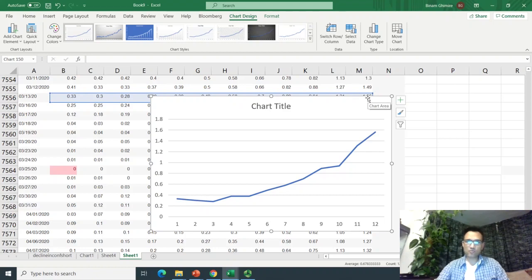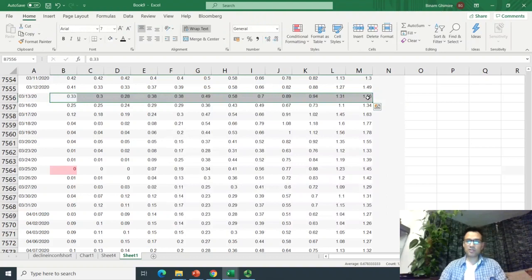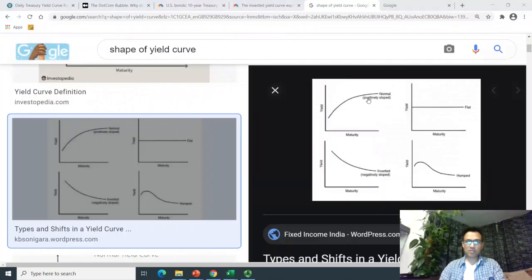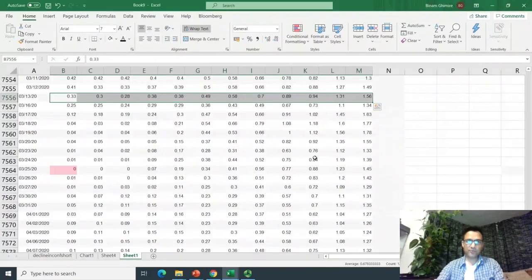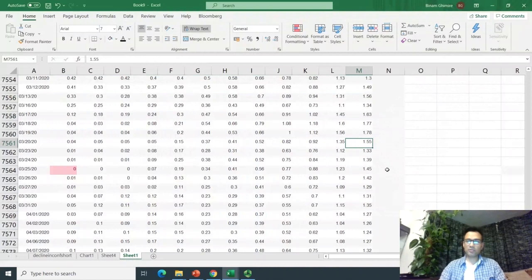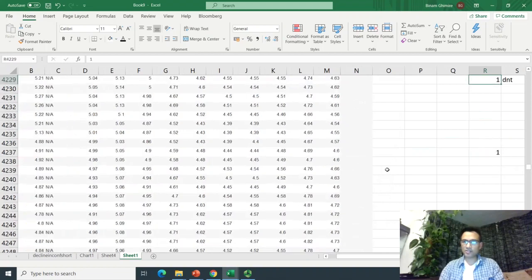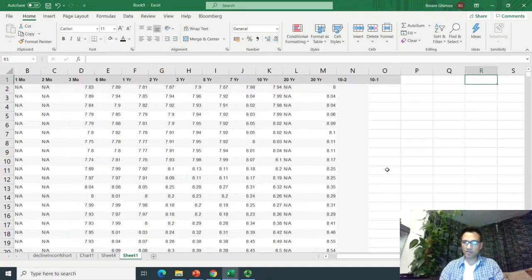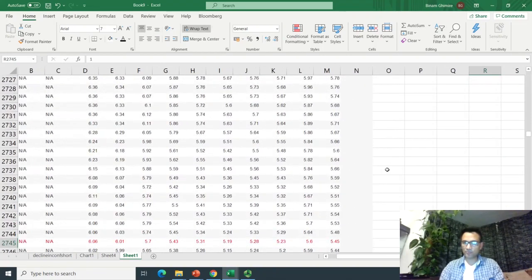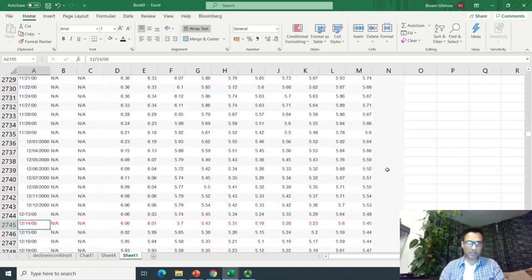So that's one example. In the second example, I want to talk about, let's say, inverted, i.e. negatively sloped. Negatively sloped, basically we should be able to find when the market experienced an economic recession soon after that. Okay, so let's see here.